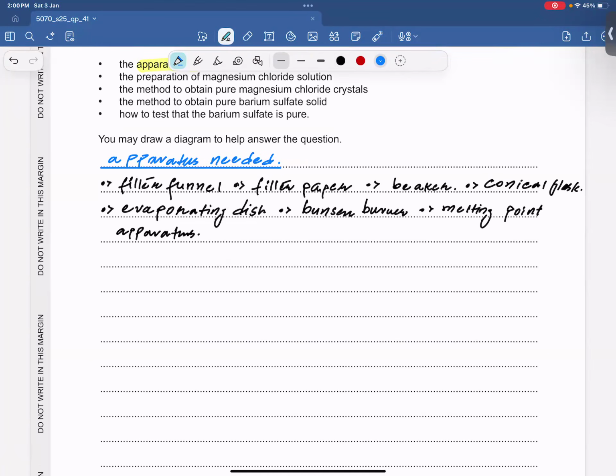Now the next is preparing magnesium chloride crystals.